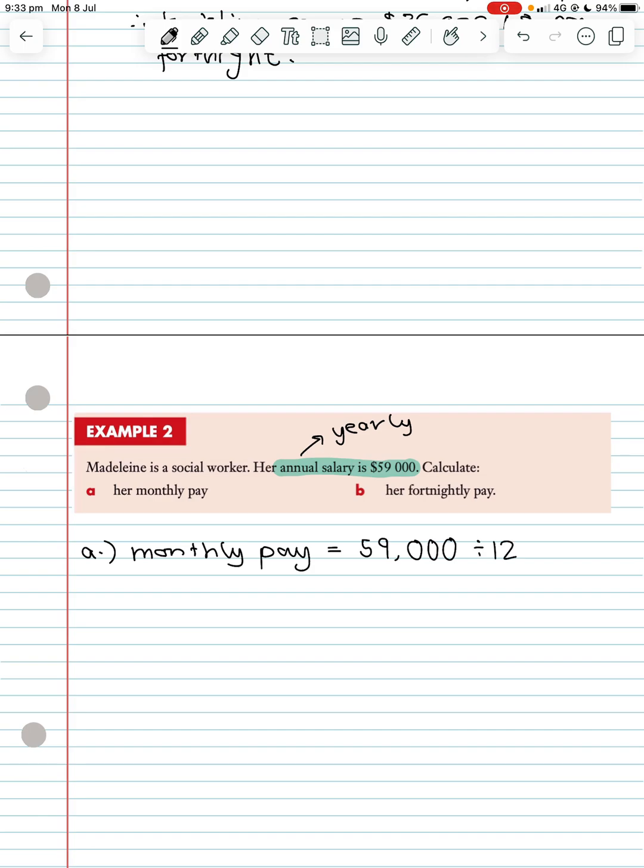Now, in the real world, we pay super and we pay tax, and we are going to look at this a bit later on, but it's really important to remember that, yes, we're finding out her monthly pay at the moment, but it's before tax. So once we do this, it is going to be $4,916.67.